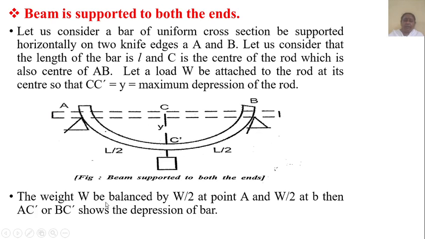The weight W is balanced by W by 2 at point A and W by 2 at point B. Then AC dash and BC dash show the depression of the bar.